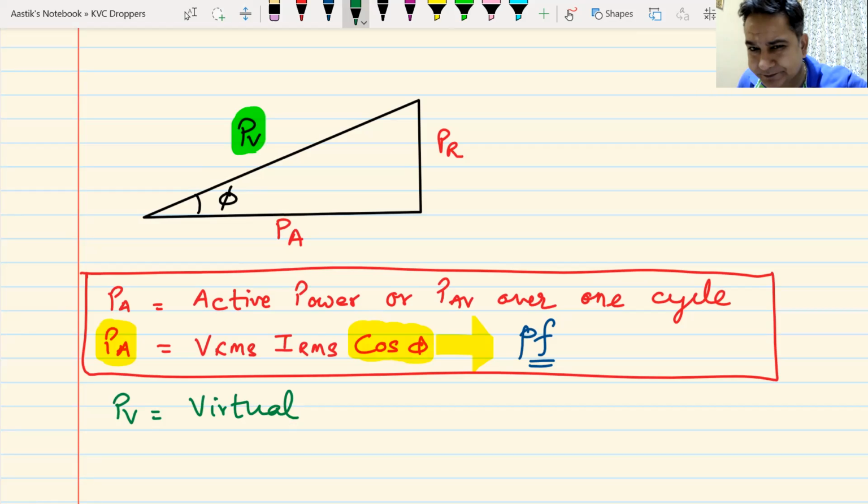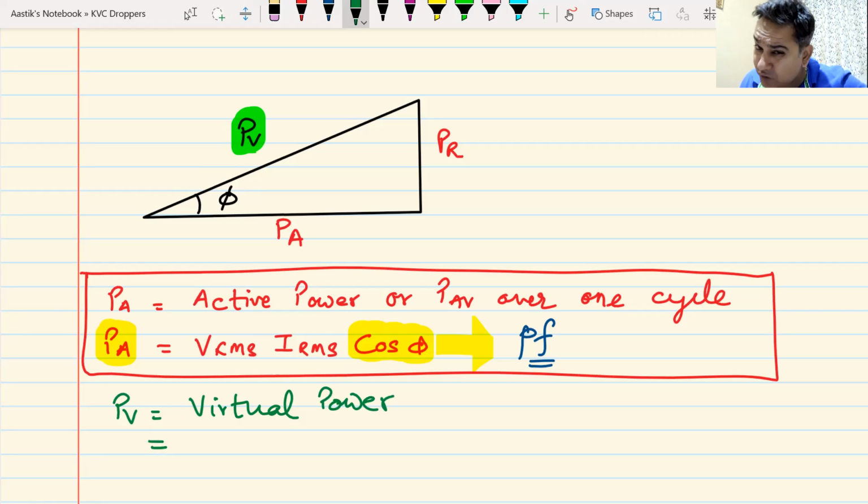An AC circuit takes some power from the line. This bulb is taking some power from the house line, but only some part of it is used, and the other part is given back. The total power that is taken, some part of which is given back, is known as the virtual power.